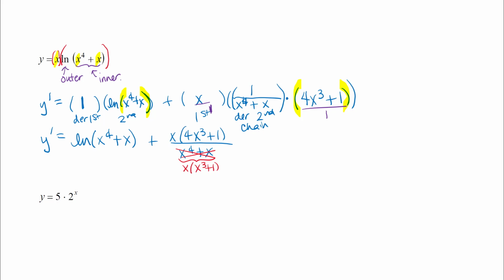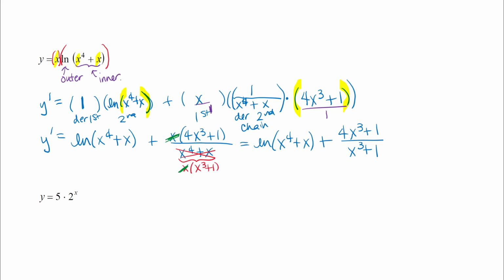But the goal of doing that is that I can do some canceling, the x factor that I have on the numerator and the x that I factored out on the denominator would cancel. And so I'm left with ln of x to the fourth plus x plus this last fraction, 4x cubed plus 1 all over x cubed plus 1.